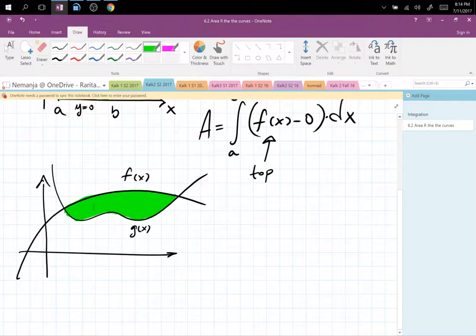So we are interested in this area. Also observe that these intersect, and naturally those should be your a and your b.